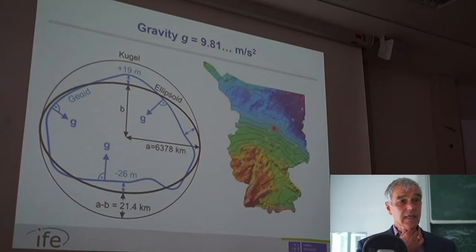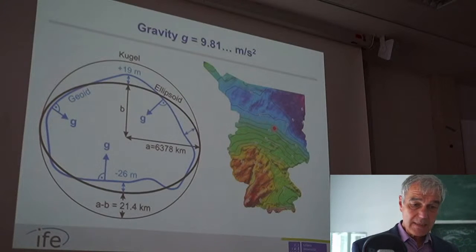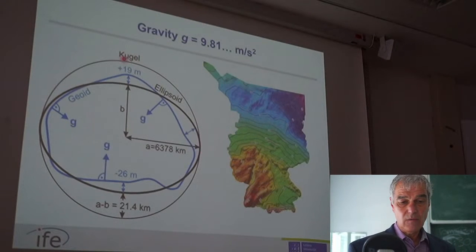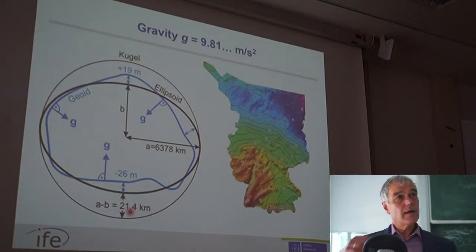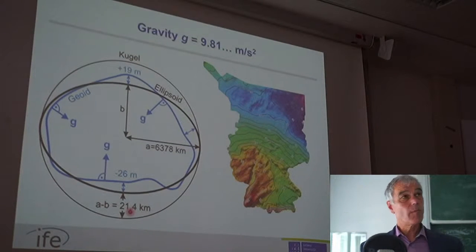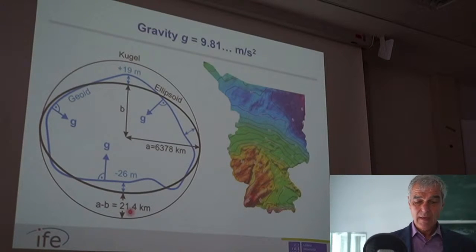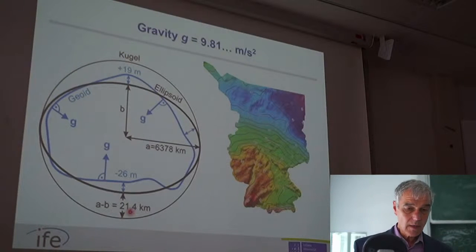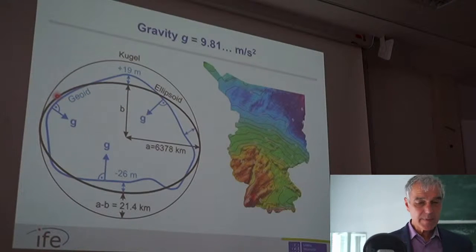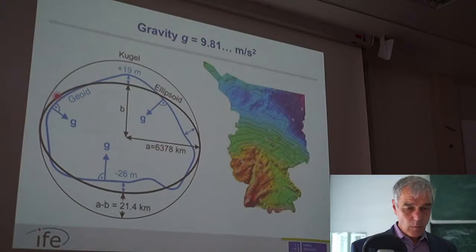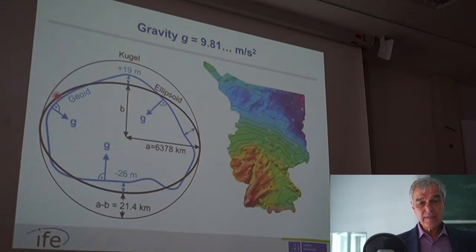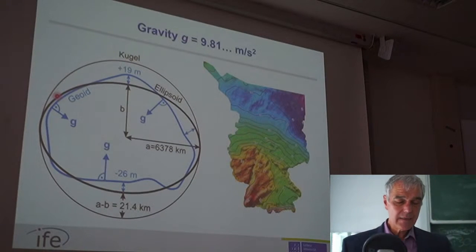And what you see here on the left-hand side is first the deviation of the Earth's global shape from a sphere. So we have some flattening of about 20 kilometers on the north and south pole. This is approximated by a body which is called ellipsoid, rotating ellipse. And what we now need is even the gravity field related quantities.